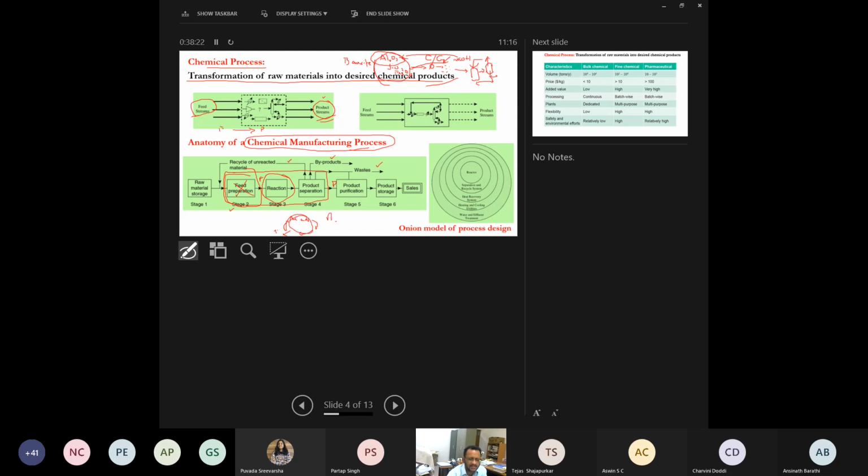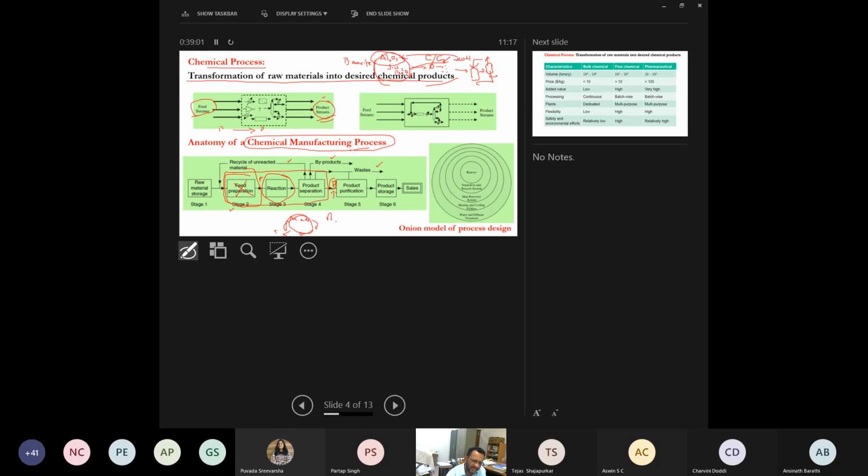If you see this process, you can see why we need feed preparation or product separation. If you know the product details, the conversion of your reactor, or what are all the possible byproducts and waste, you can decide how many separation units you need. Once the product is separated, if the quality meets the specification, then you can stop here.